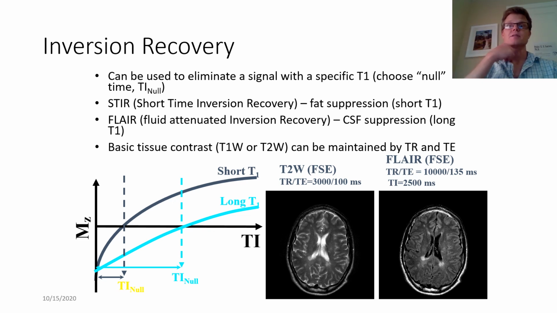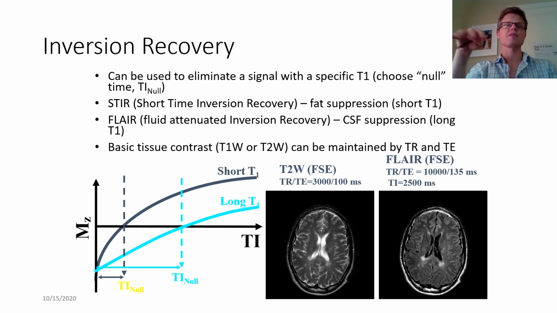The purpose of this is to suppress signal from fat, which has a very short T1 compared to other tissues. Or the other major reason it's used is for FLAIR, or fluid attenuated inversion recovery. And this is typically done to suppress fluids such as CSF, cerebrospinal fluid, that have a much longer T1 than any other tissues that we typically image.